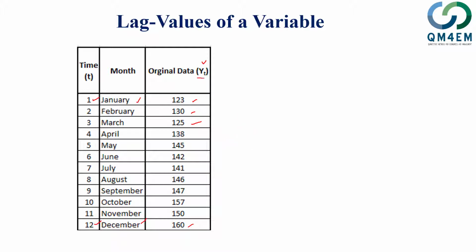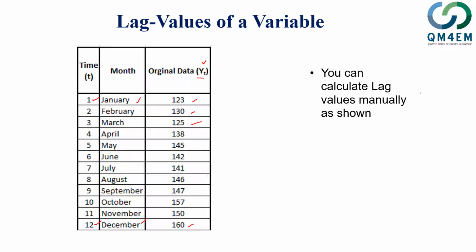Let's say I have a variable YT. YT refers to a variable measured in each time period, so T refers here to months: Y January, Y February, and so on. When I want to calculate YT minus 1, we can calculate lag values manually, which I'm going to show you here.